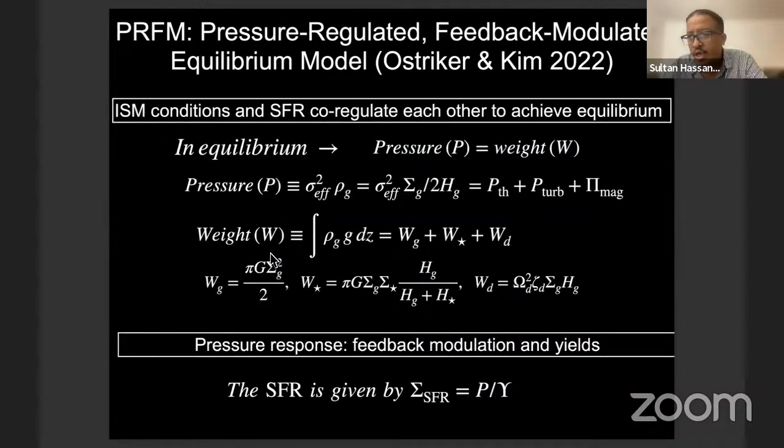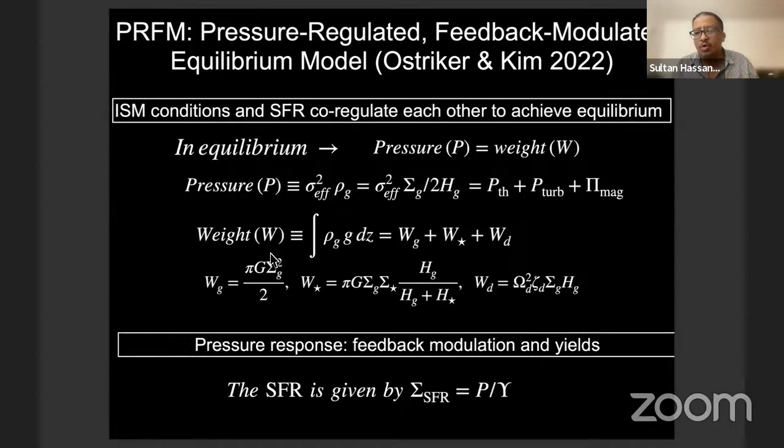So that led to the development of the pressure-regulated, feedback-modulated model. And it has two assumptions. The first one is that the ISM conditions and the star formation are co-regulated with each other to achieve equilibrium in any system. From that, you can derive some relations based on vertical equilibrium. So the pressure is similar to the weight if you are in vertical equilibrium within any hydrodynamical system.